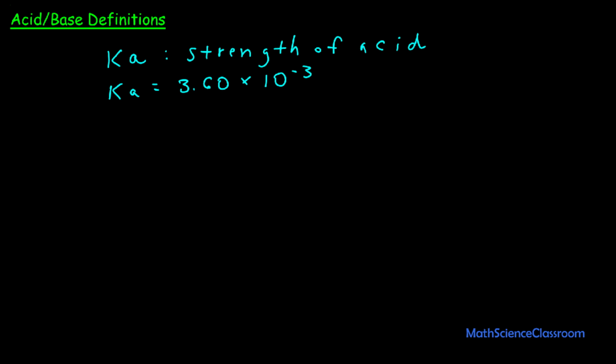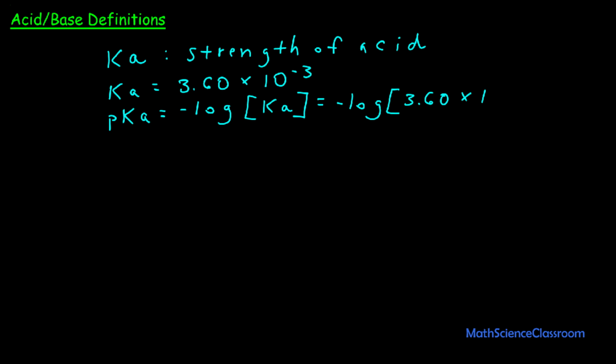So the pKa equals the negative log of the acid dissociation constant, or Ka, equals the negative log of 3.60 times 10 to the negative 3.